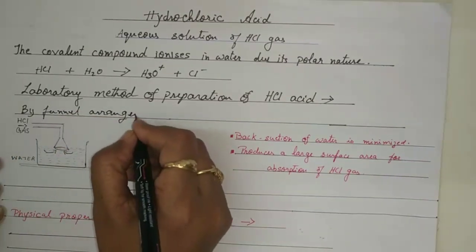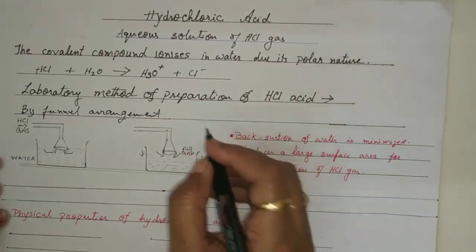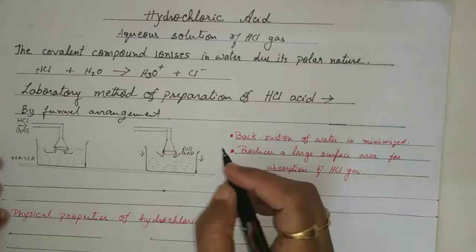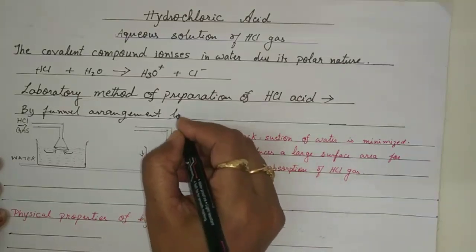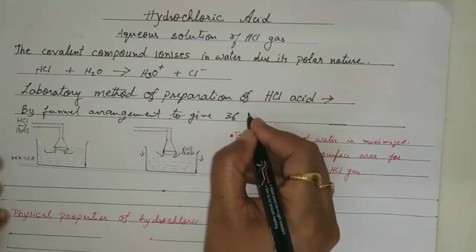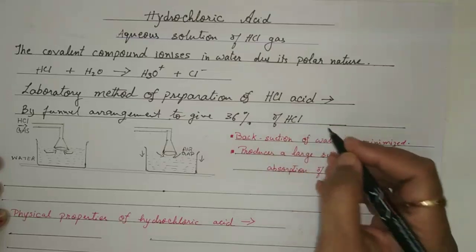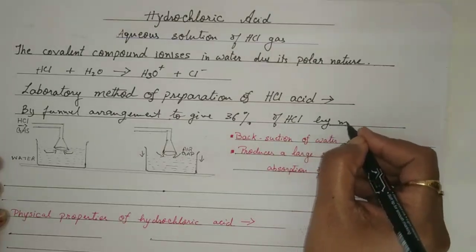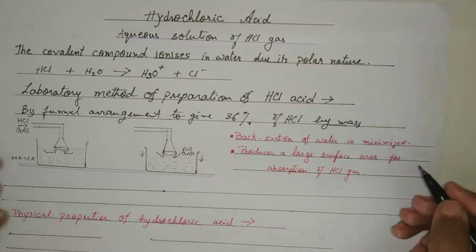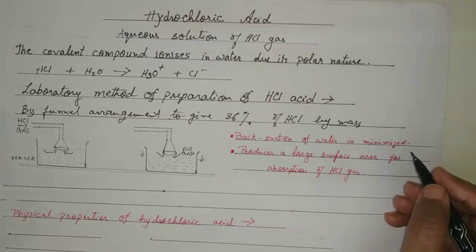I have already drawn the diagram, and by this funnel arrangement we get 36% of HCl by mass. Now I will just tell you what this experiment is.